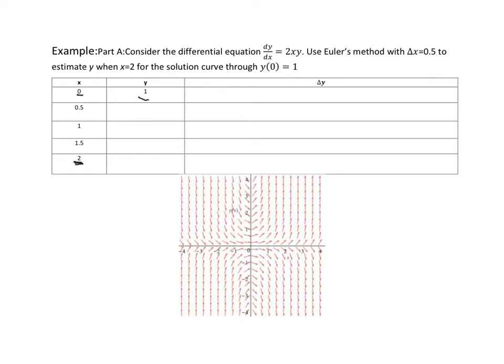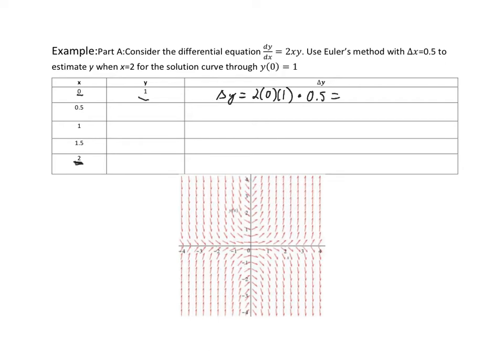So let's start first by finding our change in y. So delta y for this first one is going to equal the slope, which is 2xy, so 2 times 0 times y times our change in x, 0.5.